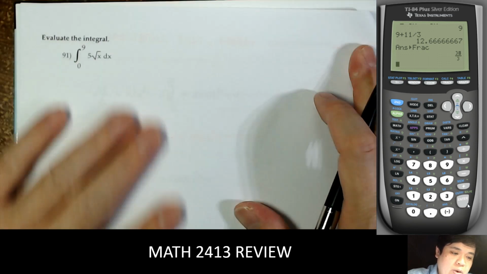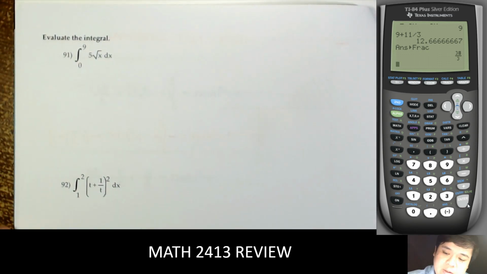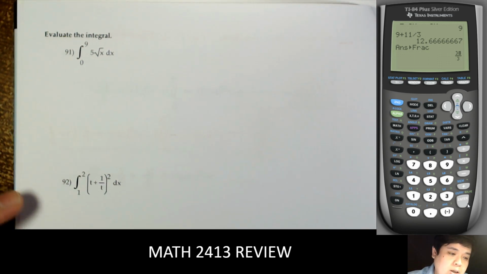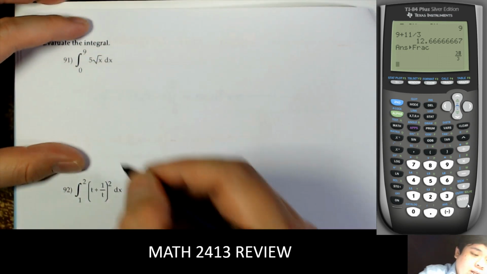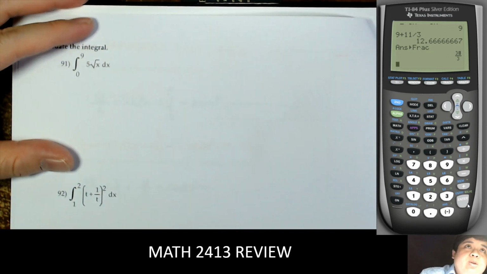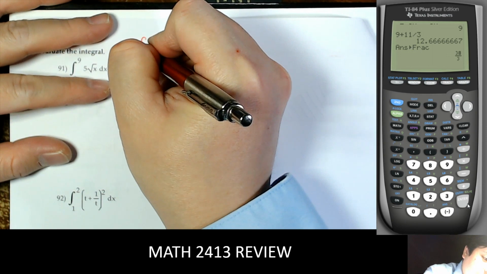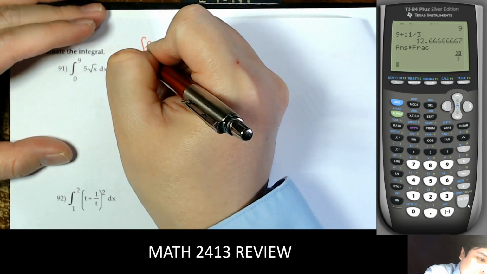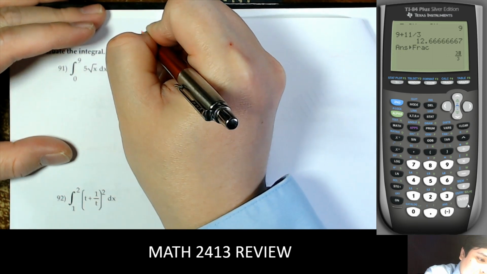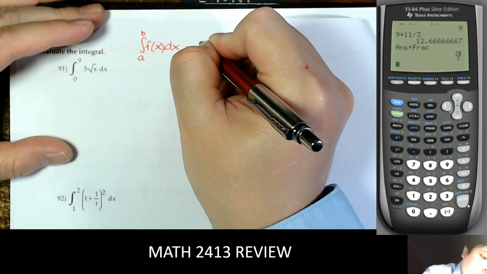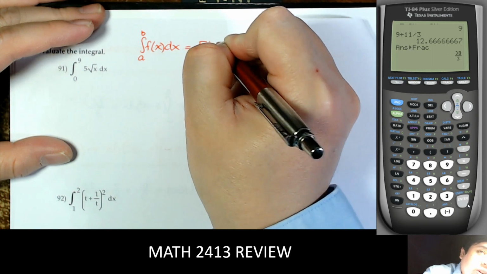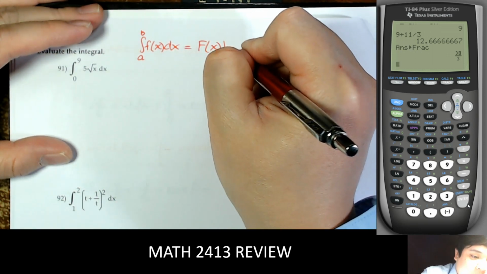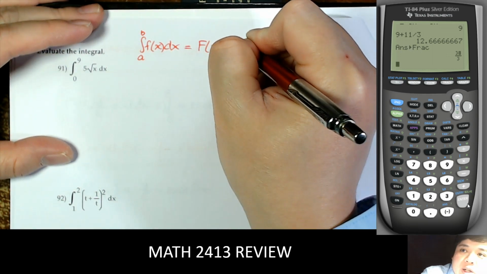Right. Now we have definite integral. It's just the fundamental theorem of calculus. Let me write that out. The integral of f(x) dx from a to b is equal to any antiderivative evaluated from x equal to a to x equal to b.